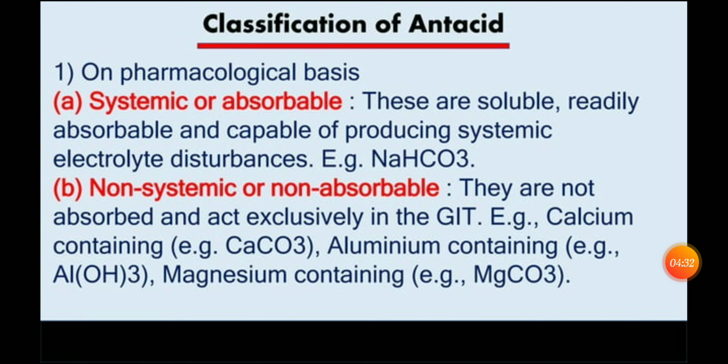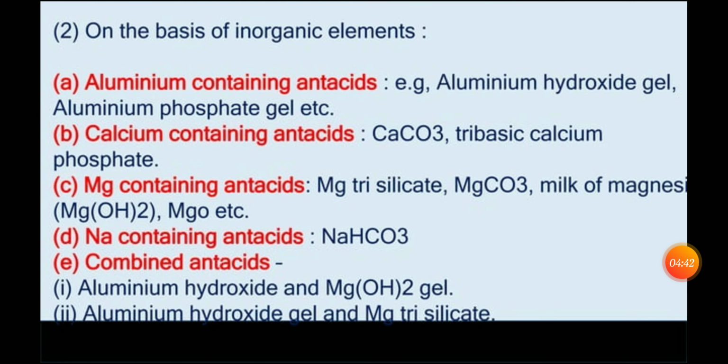So this is the classification on pharmacological basis, systemic and non-systemic. Next is the basis of inorganic elements. There are five classes: aluminum containing antacid, calcium containing antacid, magnesium containing antacid, sodium containing antacid, and combined antacid.